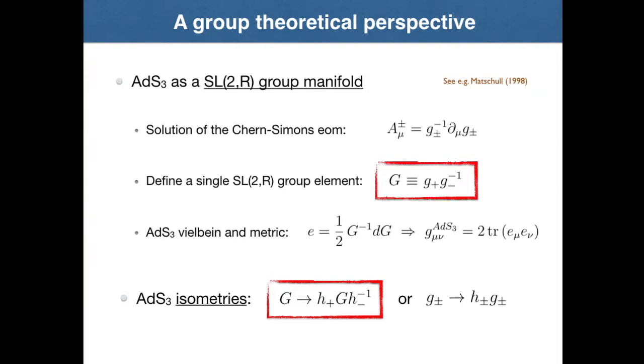And given this way of choosing the representative, I can implement this transformation just as left multiplications in the Chern-Simons formulation. And so the whole story will be to translate the previous construction in terms of isometries implemented as multiplications by SL2 elements, and try to generalize this construction to SL3 in a proper way.